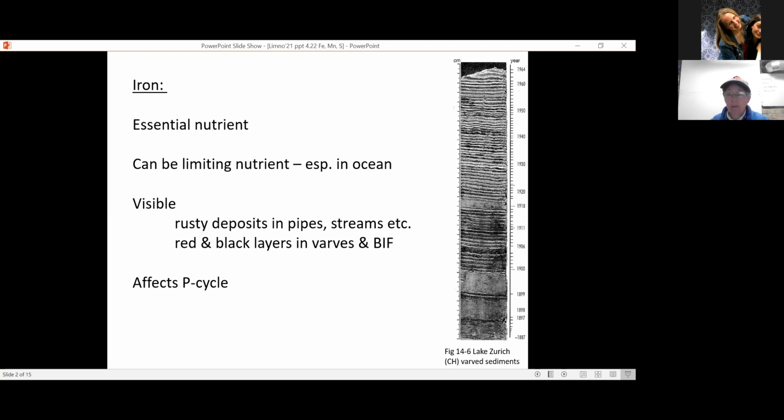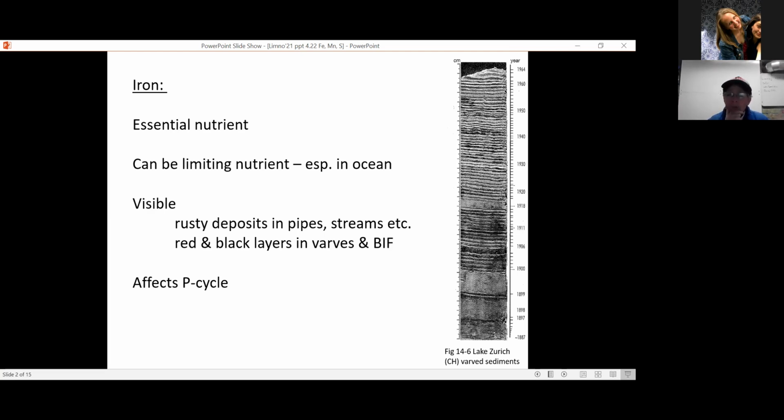It's an important element in some of the components of the electron transport chain in mitochondria. So eukaryotic organisms can't do photosynthesis or aerobic respiration, maybe even any respiration, without iron. You don't need a lot of iron, but with zero iron, you can't live. The algae can't, zooplankton can't, right? So it is what we define as an essential nutrient, necessary for life.